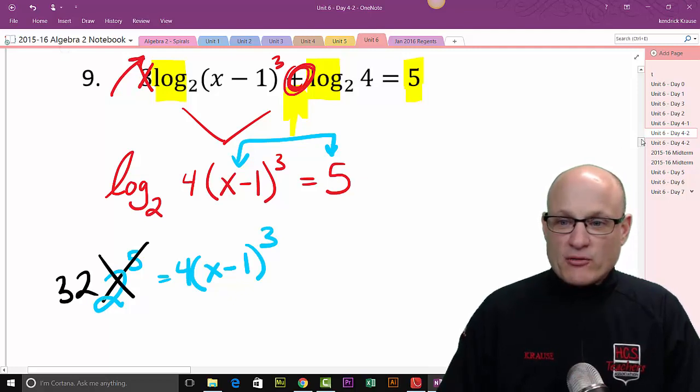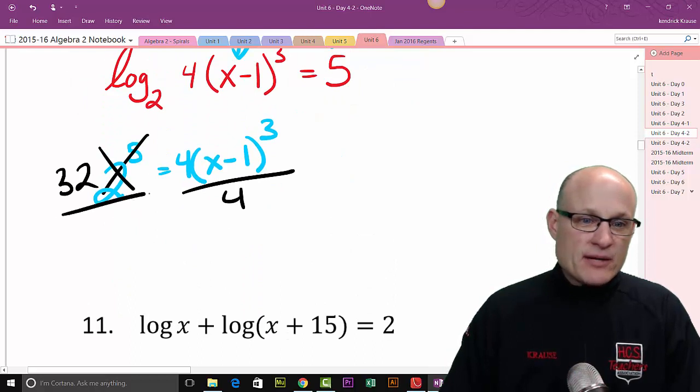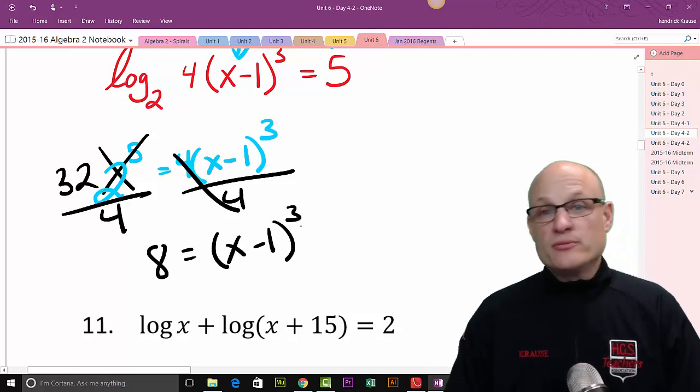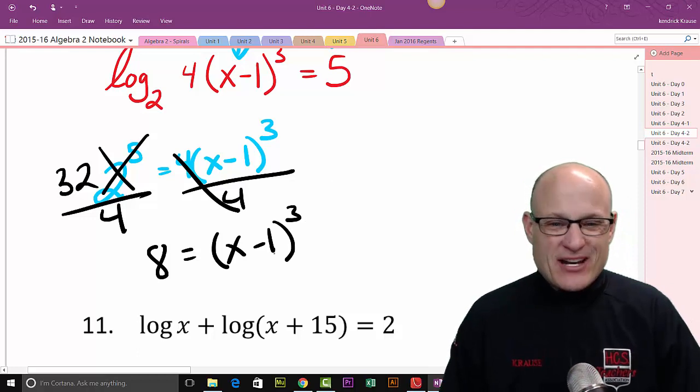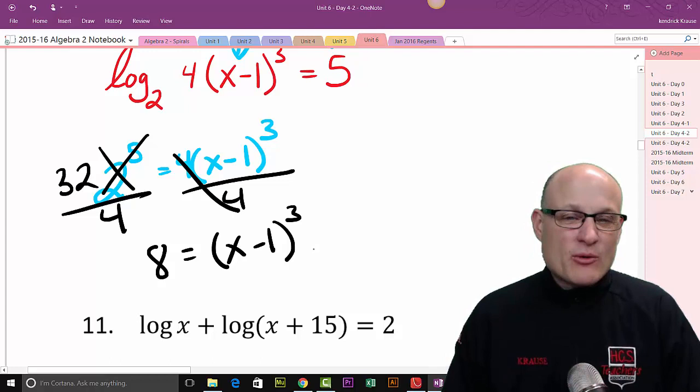So I'm trying to save myself a little bit of writing here because I'm probably running out of room. So I'll divide by 4. I divide by 4. These cancel. So I get 8 equals x minus 1 cubed. Well, then you have to ask yourself, because I don't really want to cube all this stuff out, that would be a pain in the neck. So I want to use my brain.